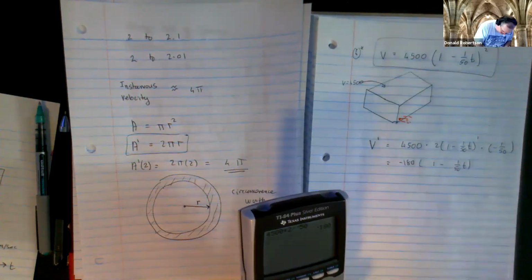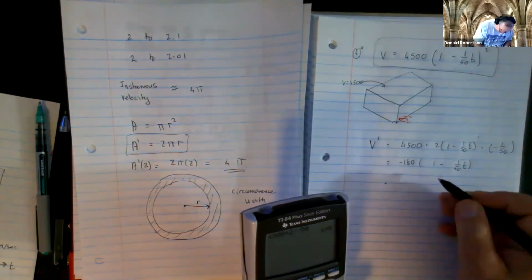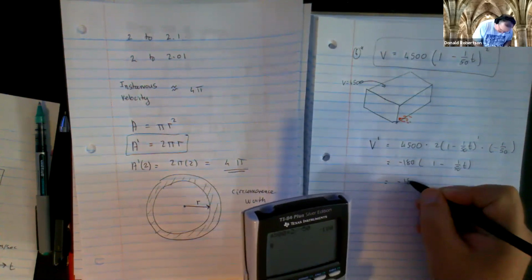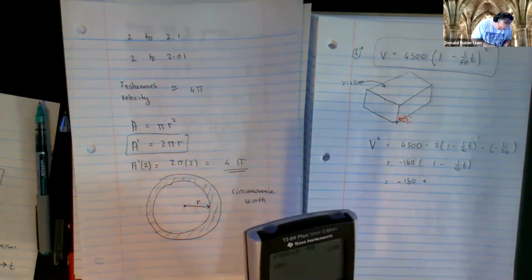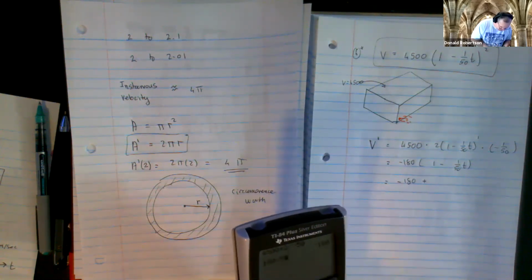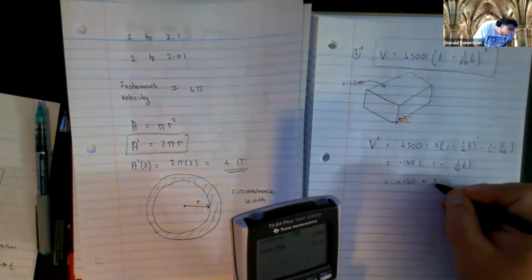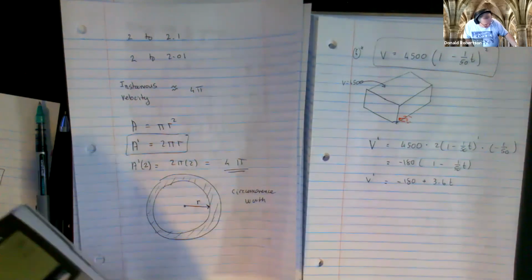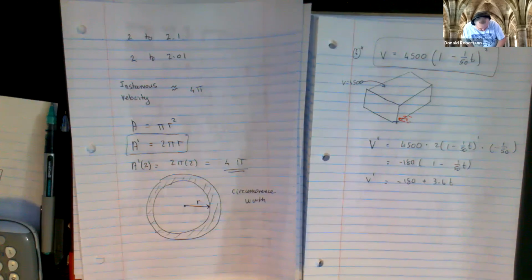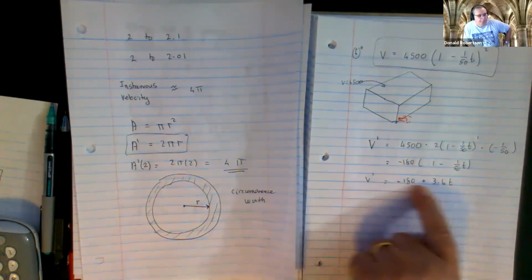This guy. And if I multiply this and this, I get negative 180 plus, let's see, plus 3.16. So the rate at which water is shooting out of this tank is given by this formula.